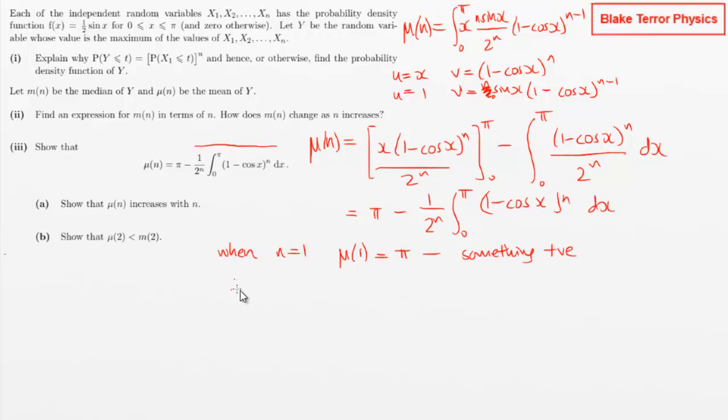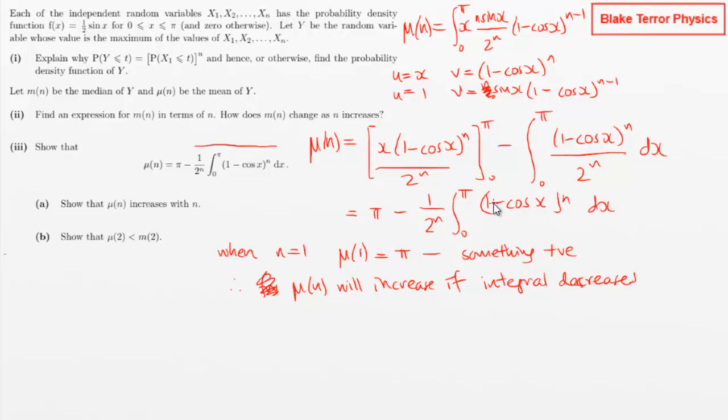So therefore, mu n will increase if the integral decreases. Okay, so that's the thing that we want to show on all of this. So how are we going to go about doing that? Well, what have we got here? 1 minus cos x all to the n.